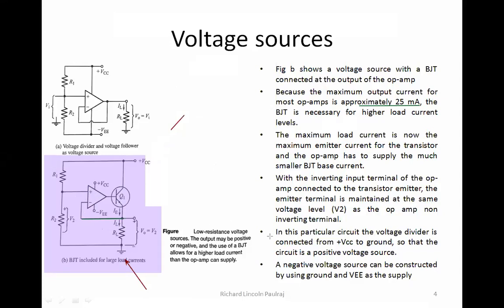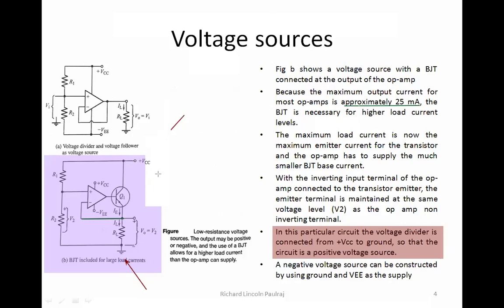In this particular circuit, the voltage divider is connected from plus VCC to ground. Now this is important, right? Students, please make note. Why are we doing this plus VCC to ground connection? So that the circuit is a positive voltage source. If I want to make my circuit a positive voltage source, I will connect this collector to plus VCC.